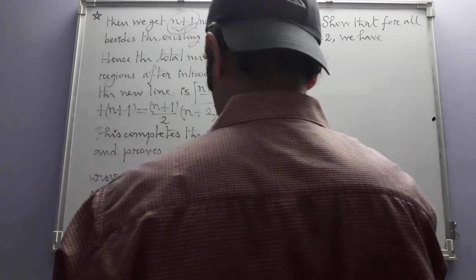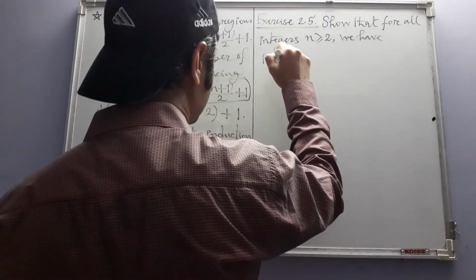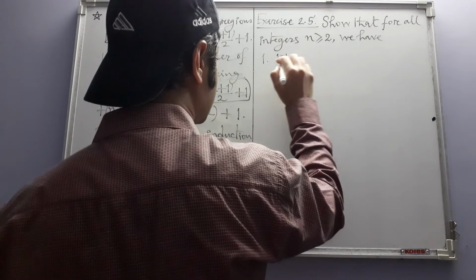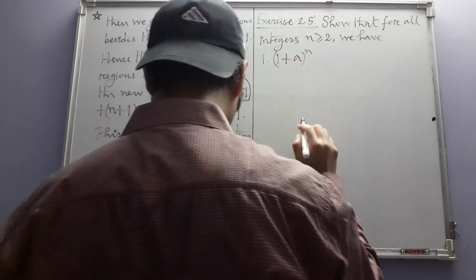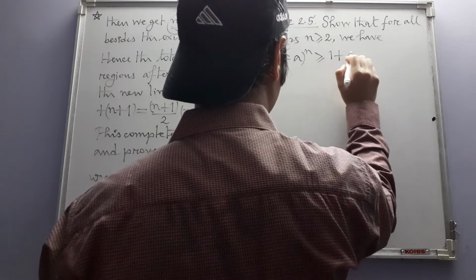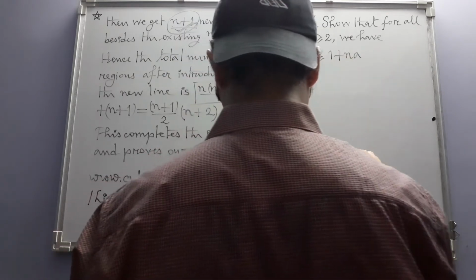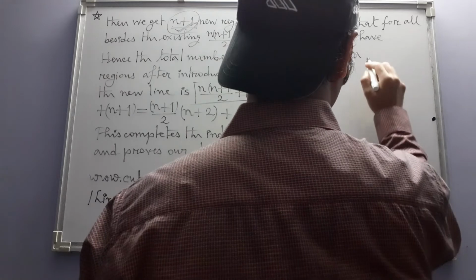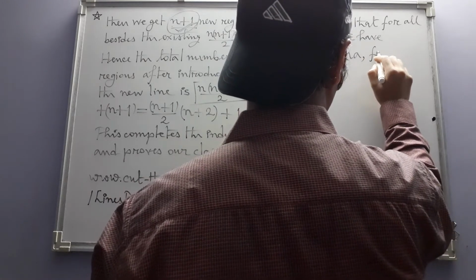In part 1 we have to prove this: 1 plus a, whole to the power n, is greater than or equal to 1 plus na, for all positive real numbers a.